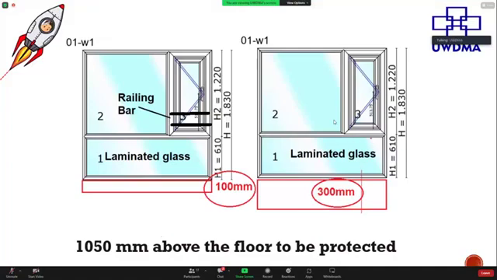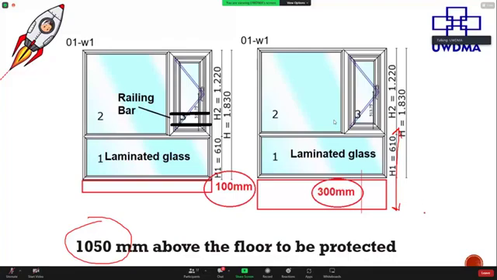Here we say that it should be at least 1050 above the ground. If it is at the base of the ground, then the sill level, the stone level, plus your fixed part should be at least 1050 because of safety reasons.